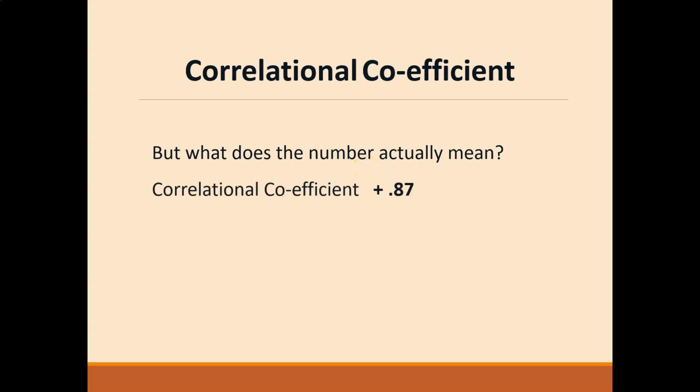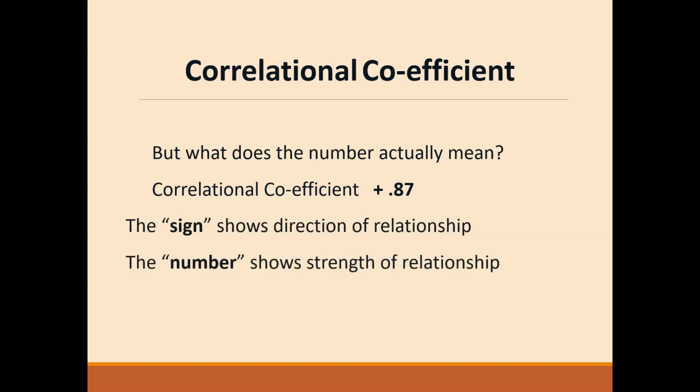Okay, so in a positive 0.87, what we mean is the sign, that plus sign, is going to show the direction of the relationship. Okay, direction. So plus equals direction. Minus means direction. So we're going to come back to that in a minute. And my number shows me strength. So it's like you have to look at these things as two individual pieces. It's not like a positive 0.87, like 87 cents.